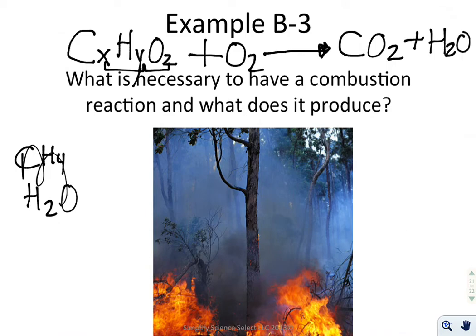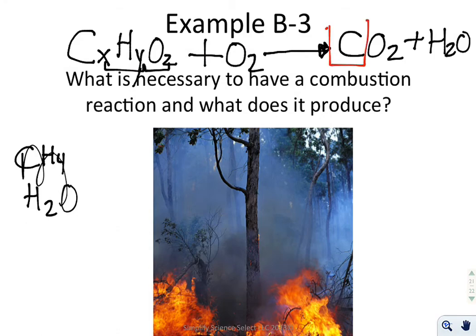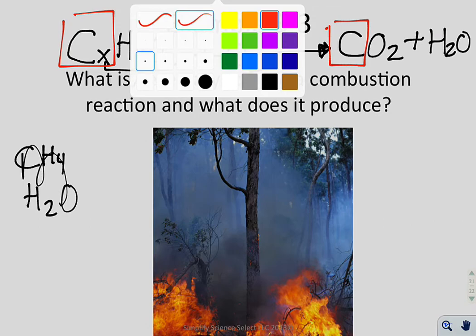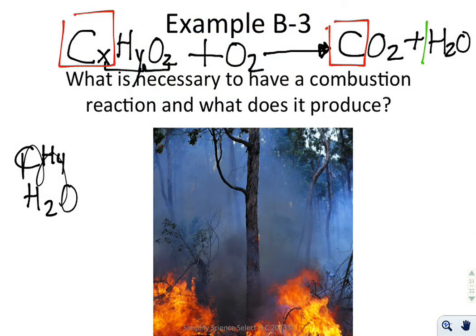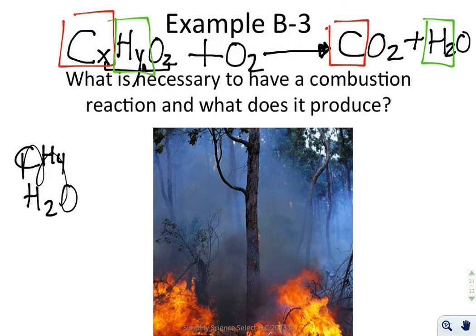The carbon here must come from the carbon there. The hydrogen here must come from the hydrogen there. The oxygen is a little different because it can come from either the molecule or what it's burning. That's where it gets trickier to balance the equation, which we will talk about in the next unit.